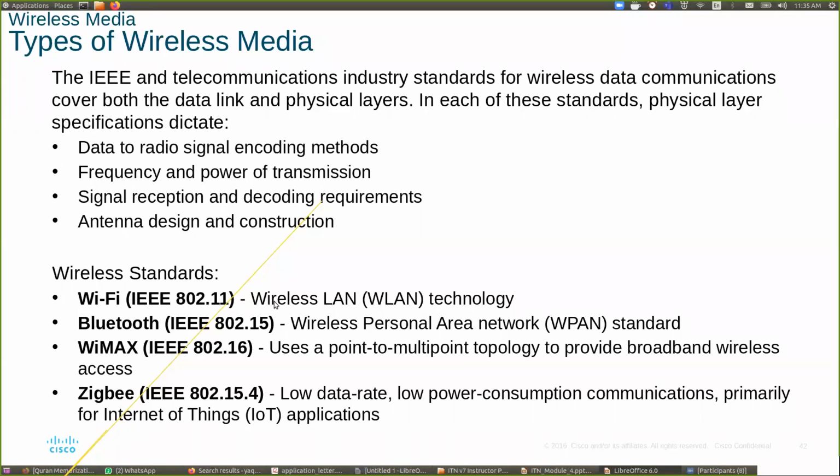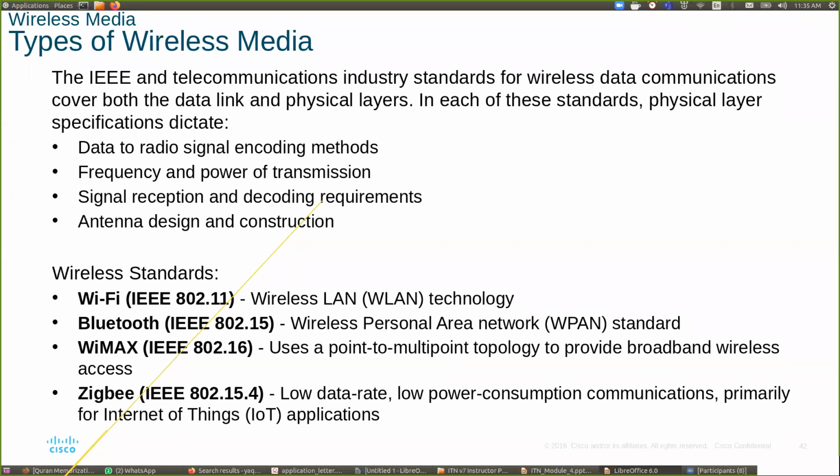Wi-Fi IEEE wireless is a wireless LAN technology, and Bluetooth is a personal area technology. WiMAX is used for point to multi-point, and it will cover a reasonable distance.